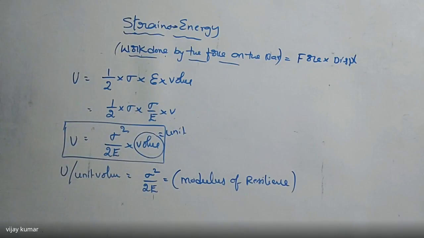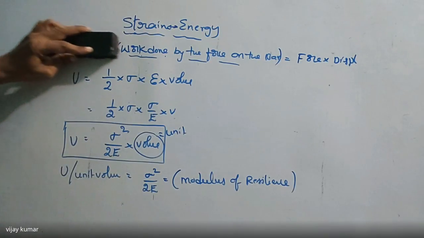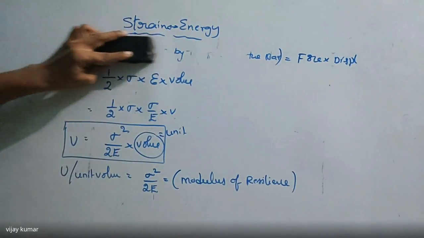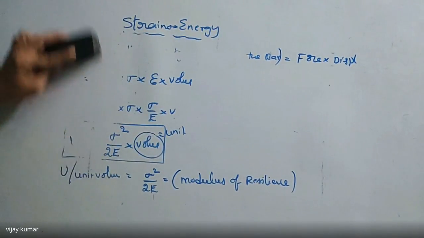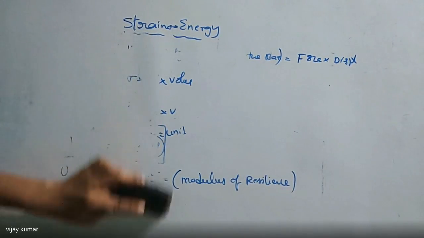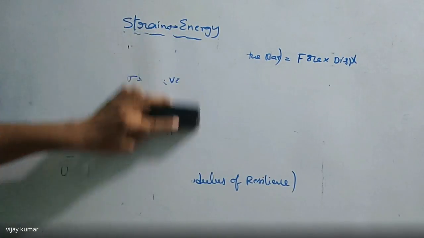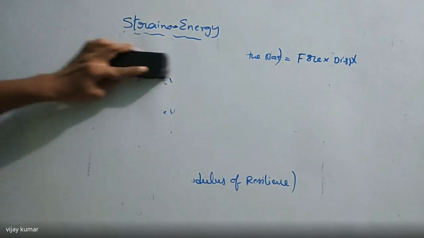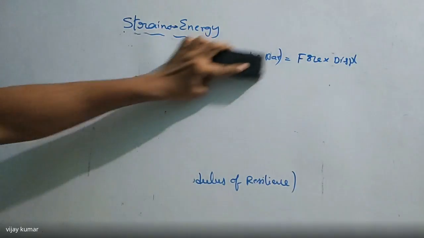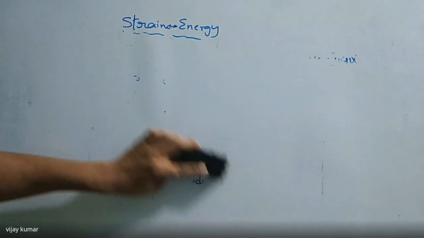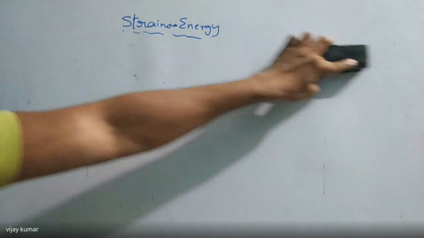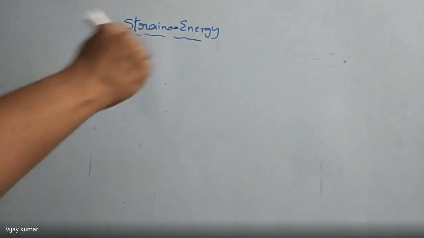So at the same time, I want to calculate what is the strain energy under different cases. In our strength of materials, we have different cases here. What is the strain energy under tension, under compression? I'll give it to you one by one. So please take it now. There are different cases.